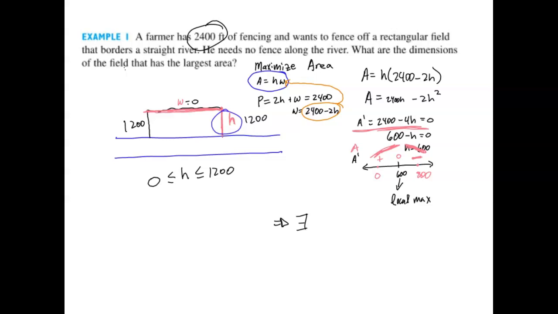So I'm just going to say there exists local max at h equals 600 since a prime is greater than 0 when h is less than 600 and a prime is less than 0 when h is greater than 600.